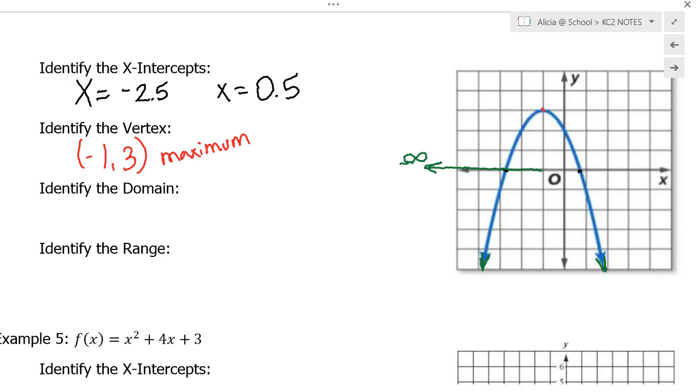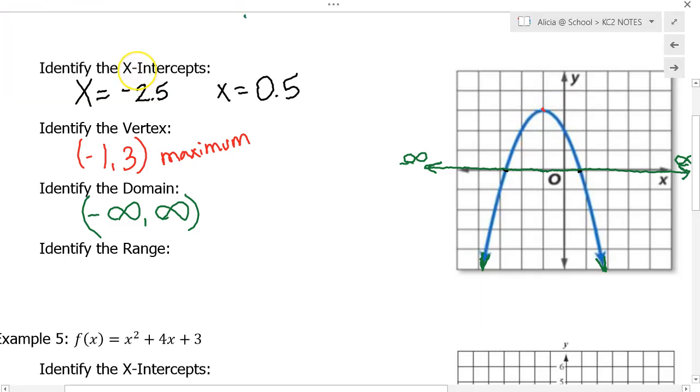So therefore, my x-axis also has to go to the left forever as well as to the right forever to positive infinity. So my domain is negative infinity to positive infinity. Hopefully you're seeing a pattern, because for all quadratics, for all parabolas, the domain is always going to be negative infinity to positive infinity. It's just something that we see with parabolas because they keep going on forever.